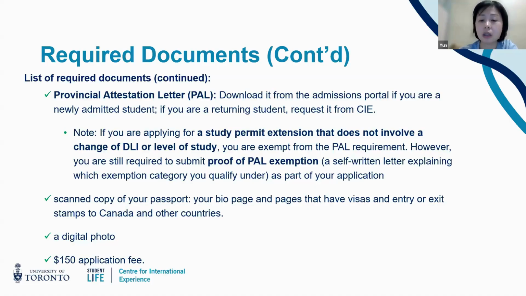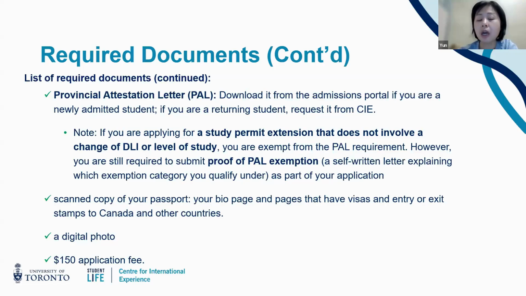How you do that: you send us an email with your information, including your student ID, your U of T email, and your name as it appears on your passport so that we can request a PAL for you. Okay. So that is when a PAL is required for your study permit application.